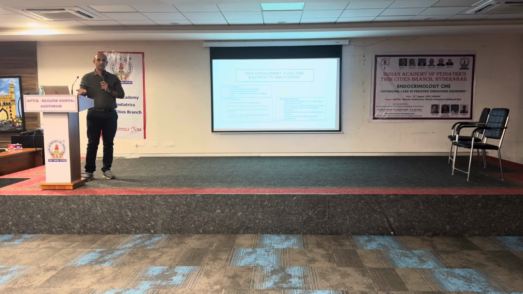And what is the regular maintenance fluid for the child? Usually 100 ml per kg for the first 10 kgs, right? So it's 1 liter per day, and for 2 days, it is 2 liters. These 2 liters will be added to the dehydration of 700 ml, but subtract the initial fluid bolus.